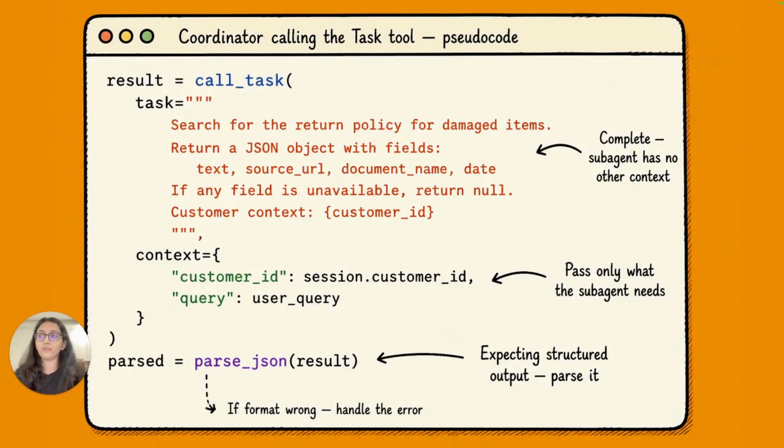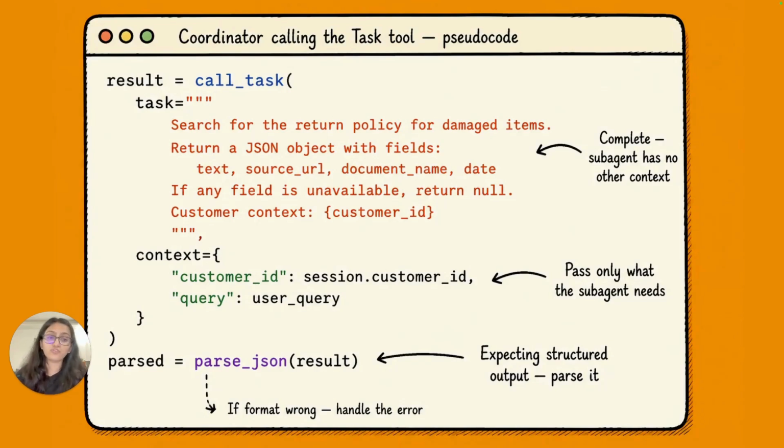And then look at what the coordinator does with it. It parses the result. Why? Because we're expecting a structured object. The JSON format we specified in the task description. If the sub-agent followed the format, this parse succeeds and the coordinator has a clean structured result it can work with.